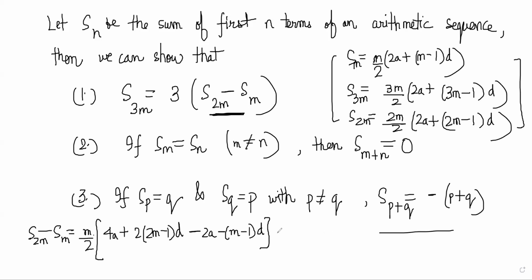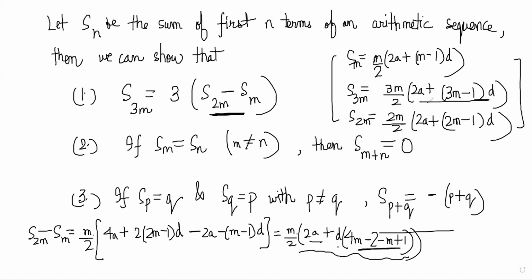So what we are getting here inside the bracket is m by 2 and we are getting 4a minus 2a, so 2a, and d common, you have 4m minus 2 minus m plus 1. So this is becoming 3m minus 1, right? So notice that this term is becoming 2a plus d into 3m minus 1. And that is here, right?